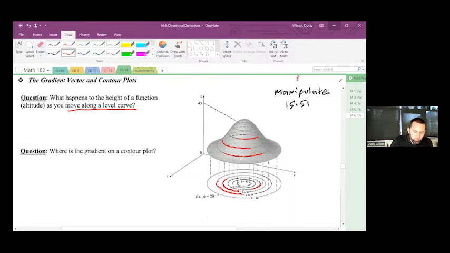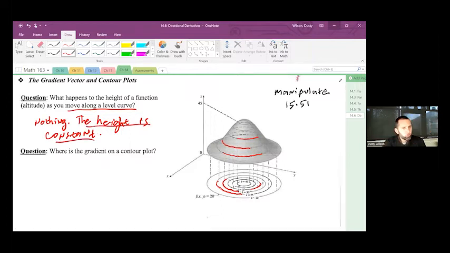So what happens to the height of a function as I move along a level curve? Nothing, right? The height remains constant. It's a level curve, right?